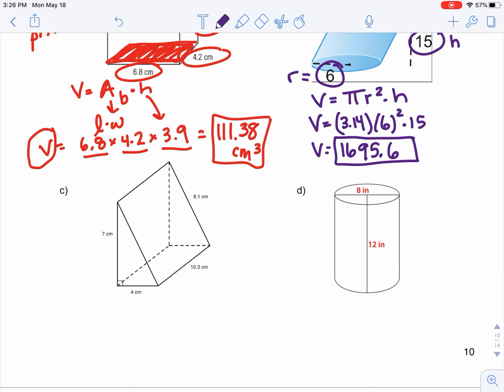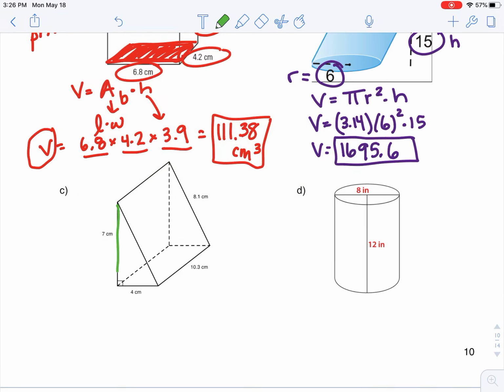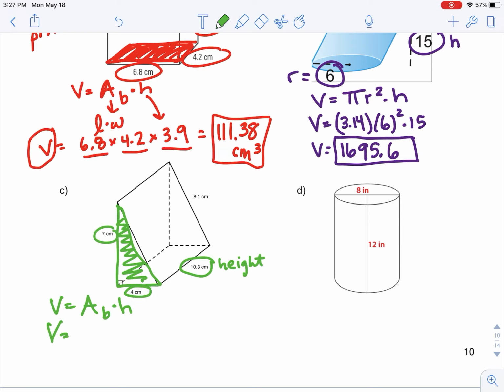For C, it's a little different because in this case, the triangle is my base, and it's laying on its side, and then this is the height. So when I do area of base times height, I have to use this triangle.